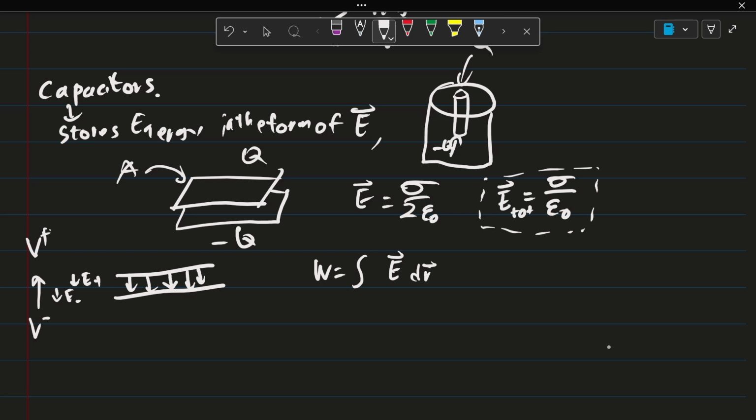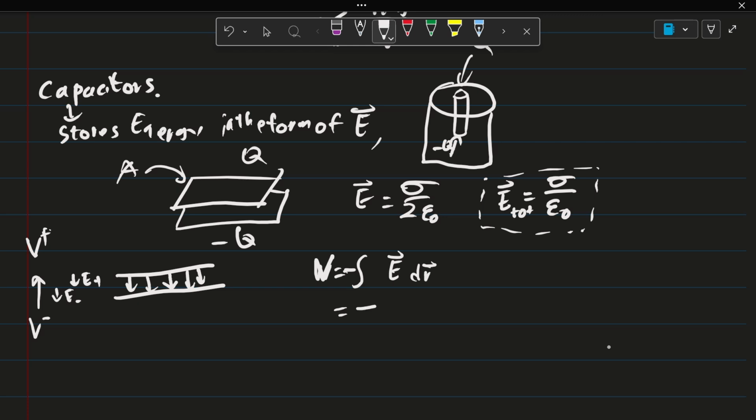Oh wait, so this means that this should be the work. No, sorry, the voltage. So, computing this voltage itself. Wait, it should be the negative of the integral of E vector, dr vector, yeah. So we can compute what this voltage is.